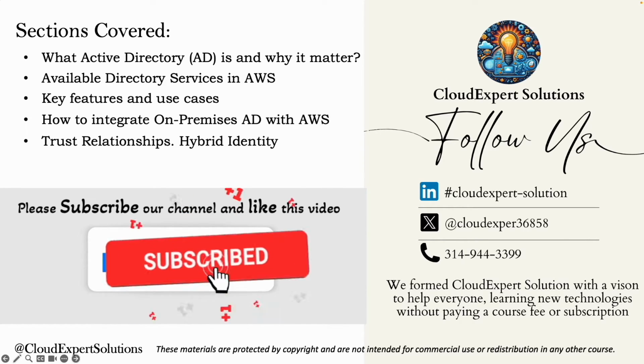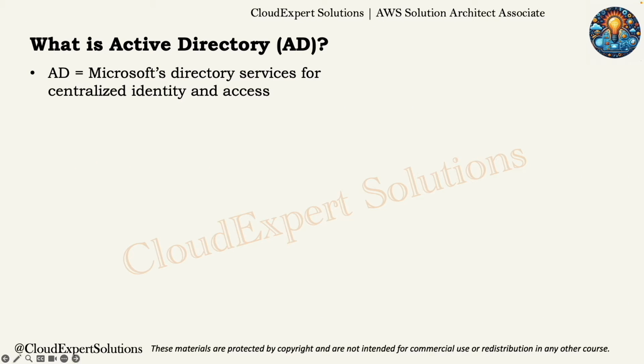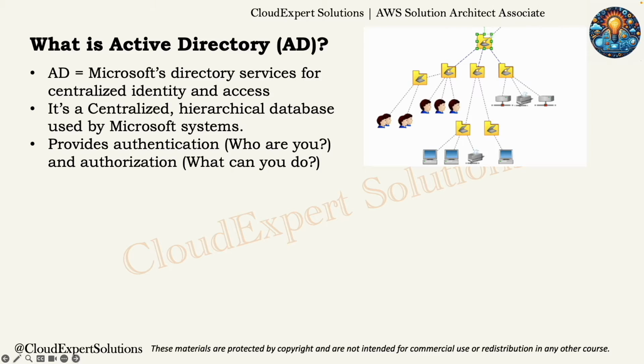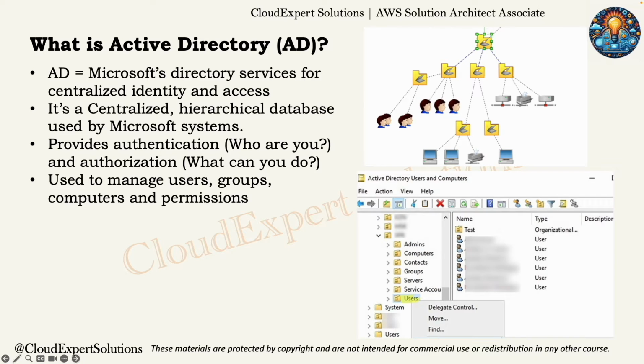Let's get started. Let's begin with the basics. What is Active Directory, or AD? AD is Microsoft's directory service used for managing users, computers, groups, and permissions across an enterprise network. It's a centralized hierarchical database used by Microsoft systems. It authenticates and authorizes all users and computers in a Windows domain network.